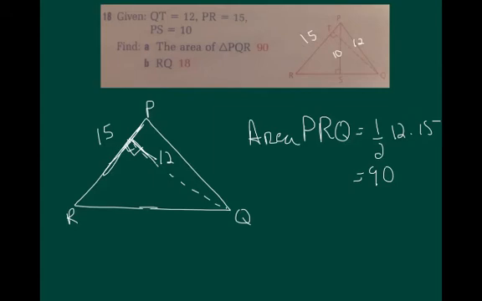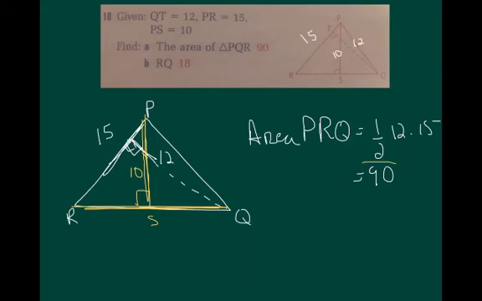But in part B, they ask us for something else. They want side RQ. And they give us another altitude, PS, which they tell us is 10. So now I'm going to use RQ as my base, and PS is going to be my altitude.